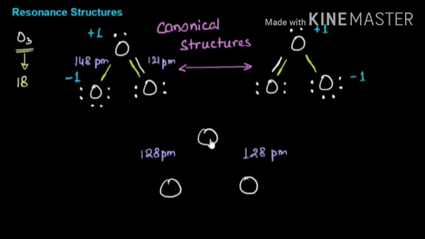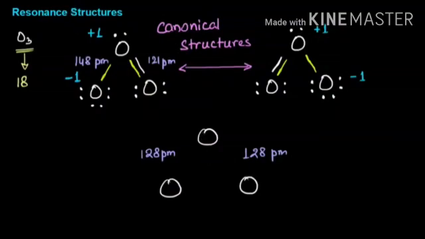Here two types of bond are present in the resonating structures, but in the most stable resonance hybrid, the bond length is approximately 1.5 bond order, that is 128 picometer.